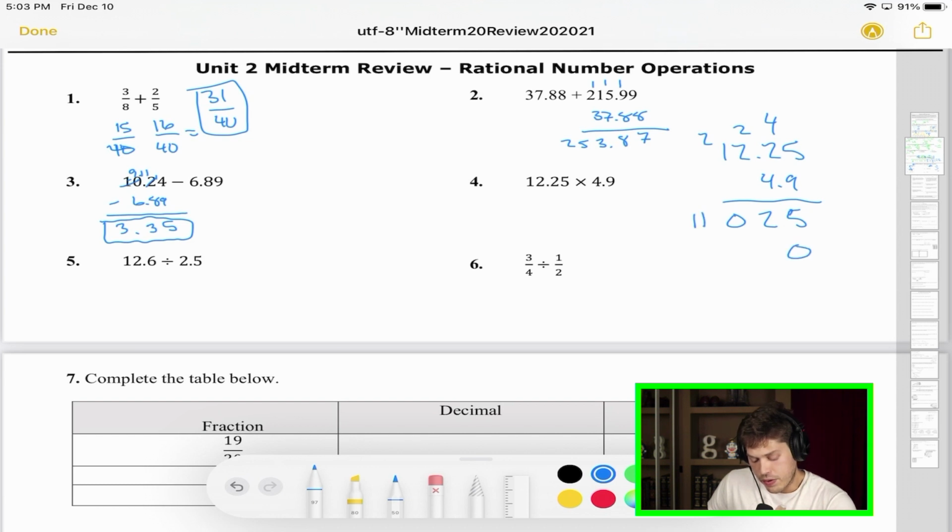Add your placeholder 0. 4 times 5 is 20. 4 times 2 is 8, plus 2 is 10. 4 times 2 is 8, plus 1 is 9. 4 times 1 is 4. Make sure you add everything up, lined up straight. Okay, and then 3 decimal places. 60.025.